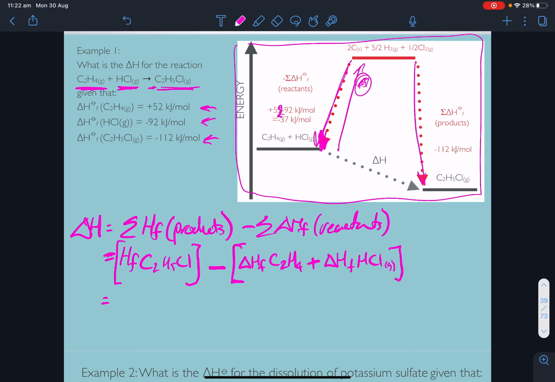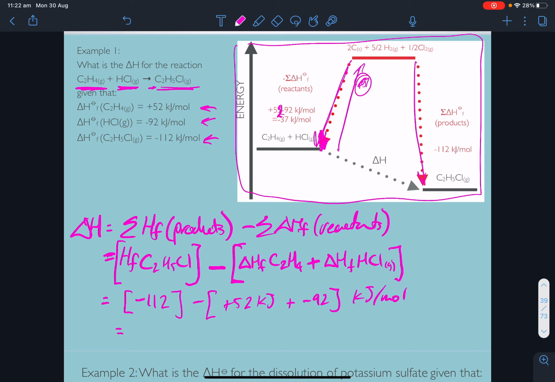Okay, put my values in. I get the products, negative 112, minus the reactants, so 1 times C2H4, which is positive 52 kilojoules per mole, plus the HCl, which is negative 92 kilojoules per mole.